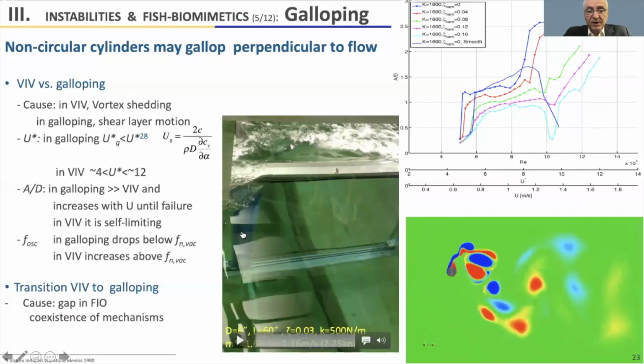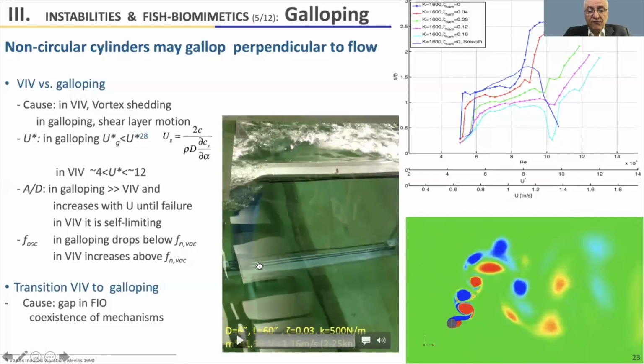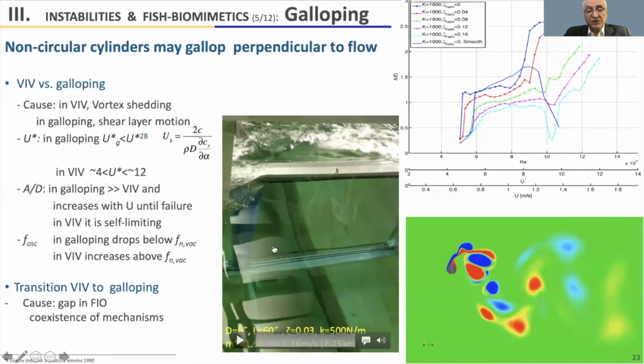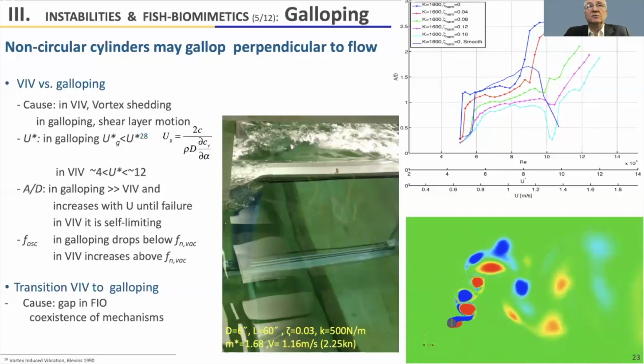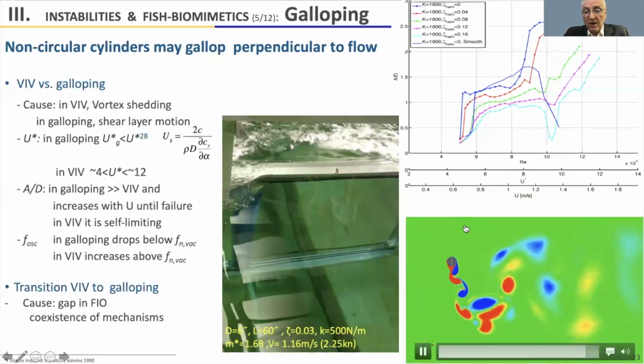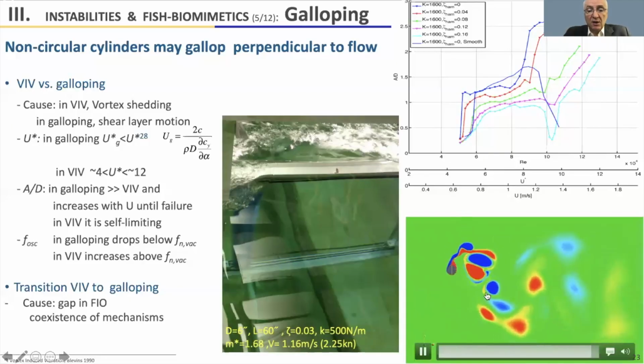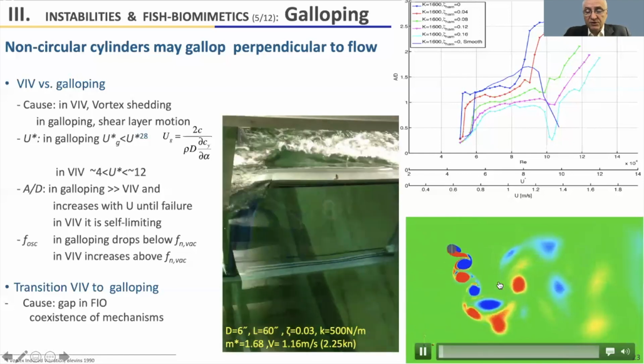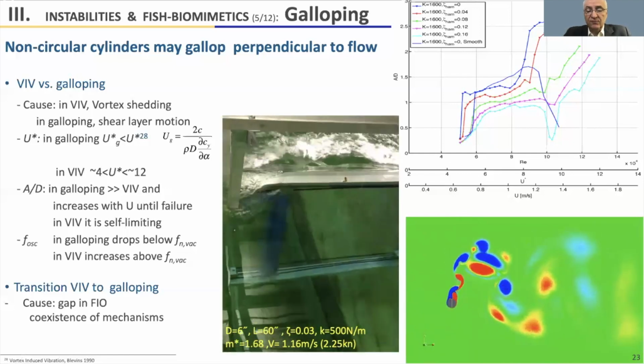It's an instability, and if we didn't have a mechanism to reverse the motion, the cylinder would move in one direction. Even though you have the oscillatory motion, the alternating vortices, these are not the ones that drive the cylinder.